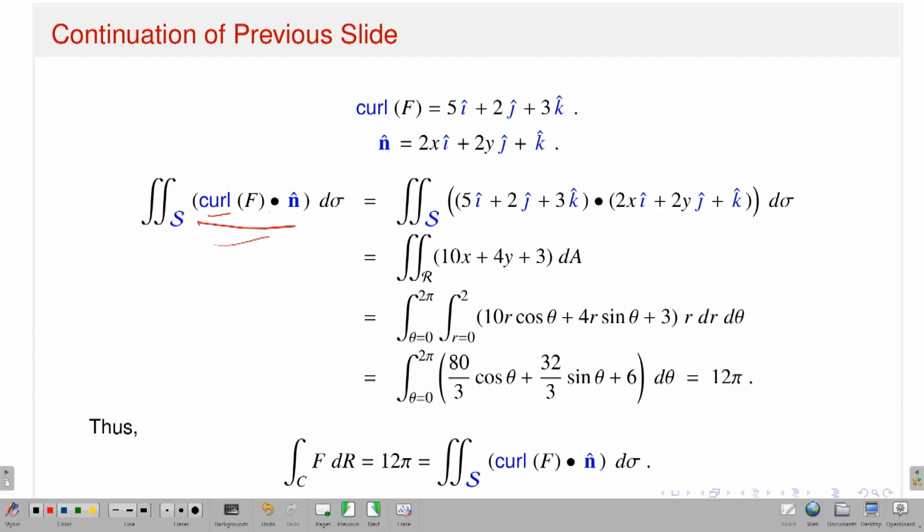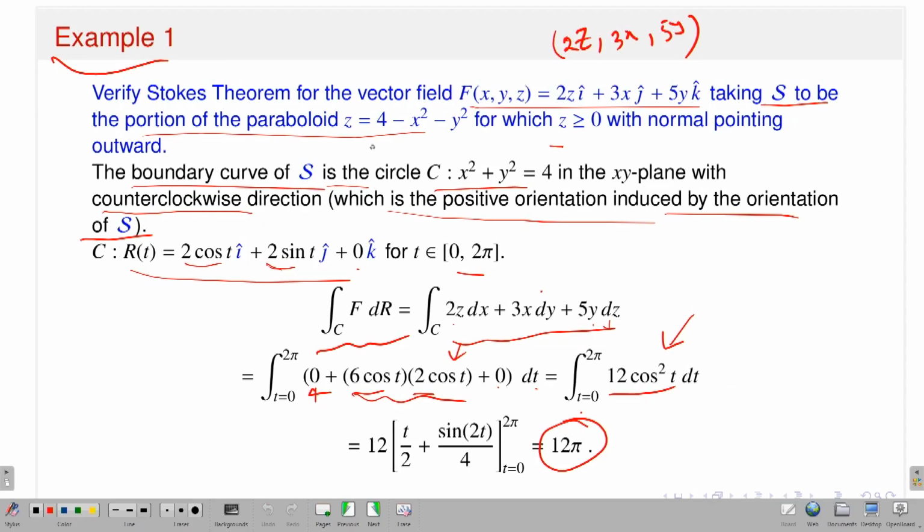Why? Because when I talked about the surface integral a couple of lectures before, if you remember, if I have a surface, what is my surface here? This is given in explicit form, z is equal to 4 minus x square minus y square with z positive.